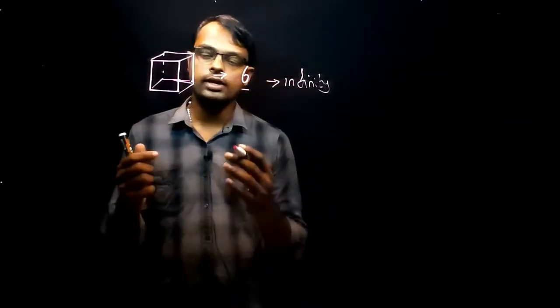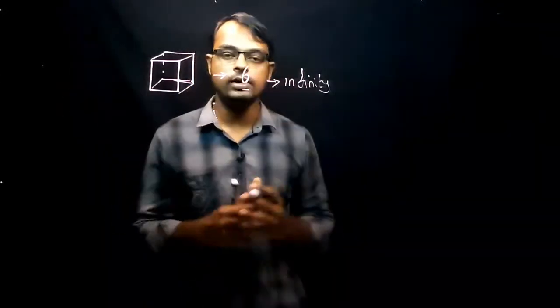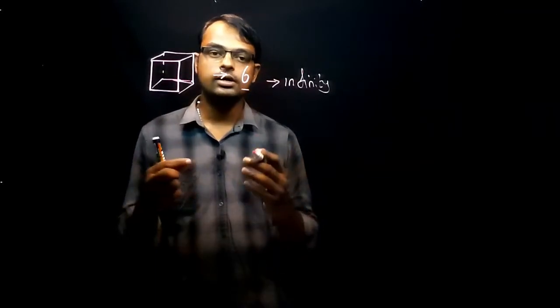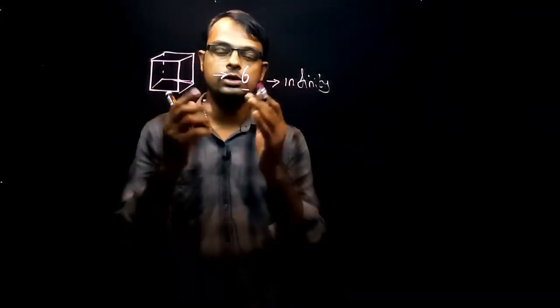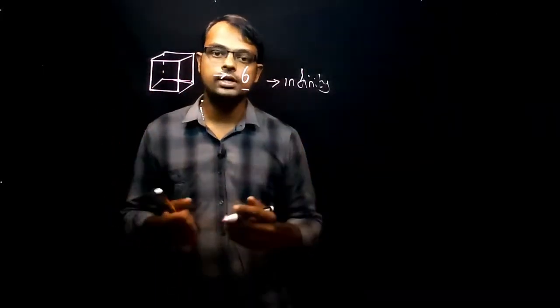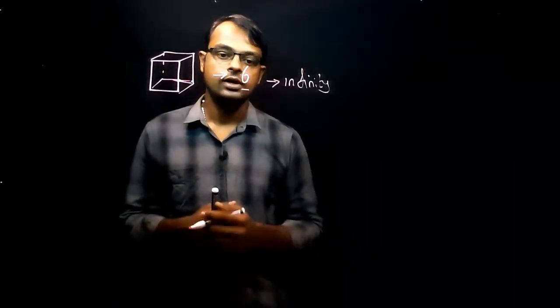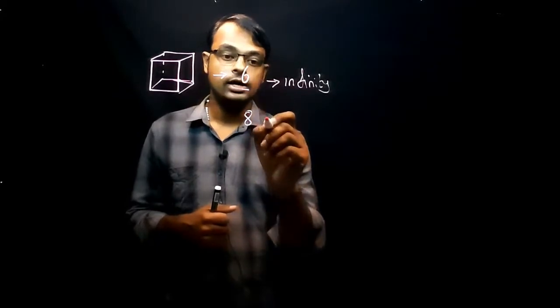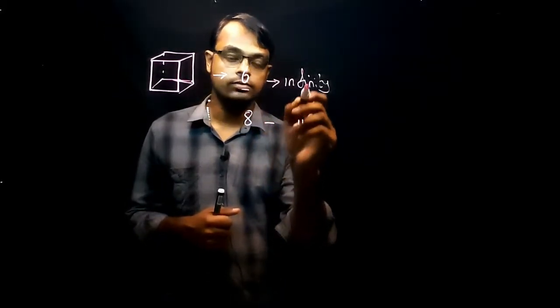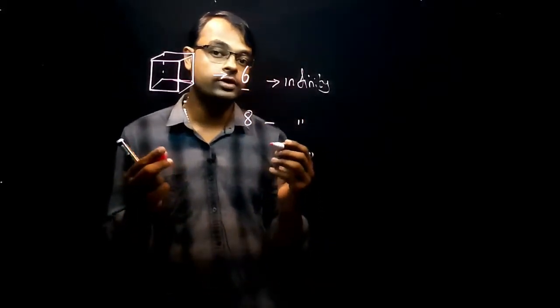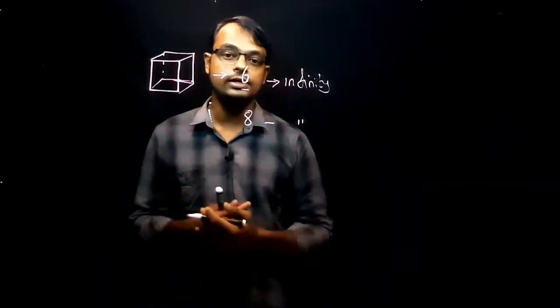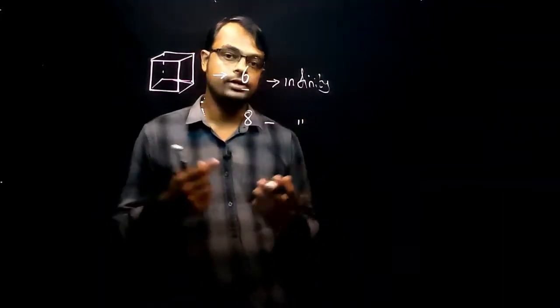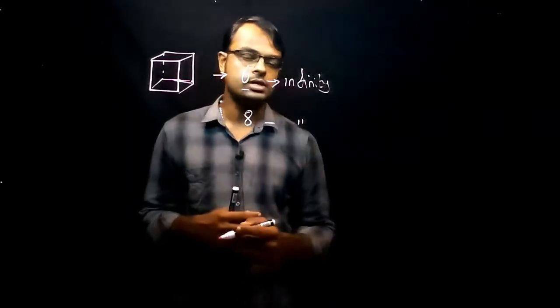Another example: just imagine in a room there are 5 or 6 people. Asking here, how many people are there in the room? Maybe you can say that 8 are there. In that number 8, the number of people in a room, how many significant figures are here? We can say the number of significant figures is infinity. One more example.